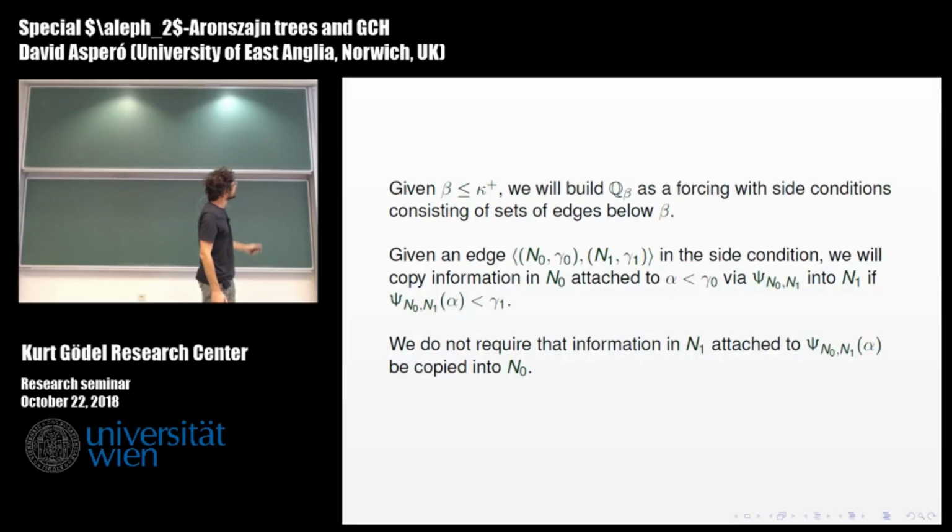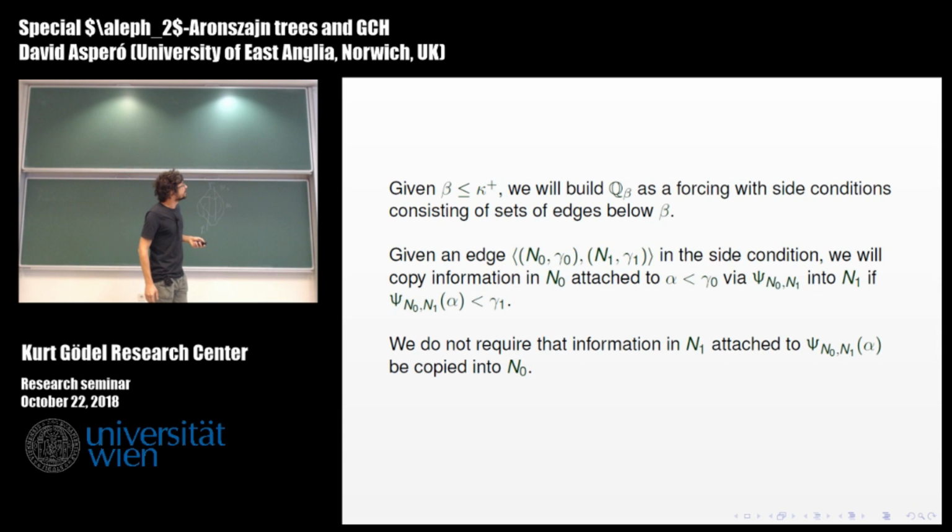Now, given stage beta, we build Q as a forcing with side conditions that consists of sets of edges below beta. Okay, and there'll be no structure whatsoever between the edges. So it's some arbitrary set.